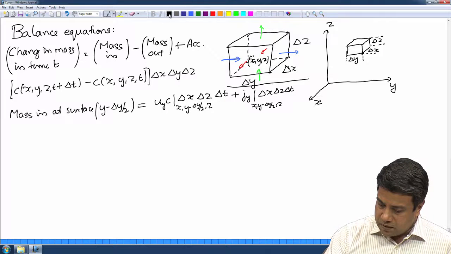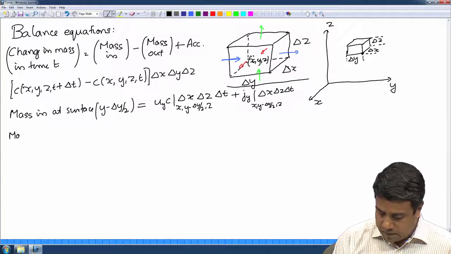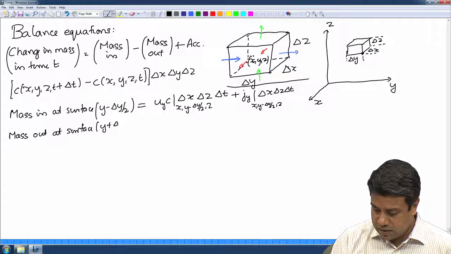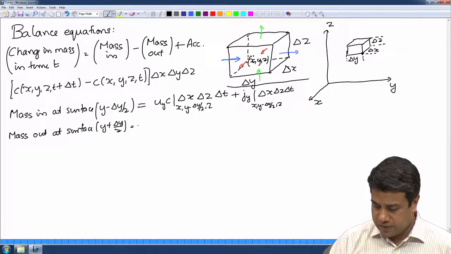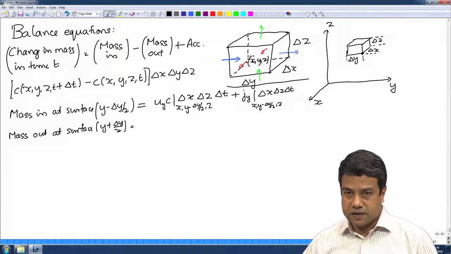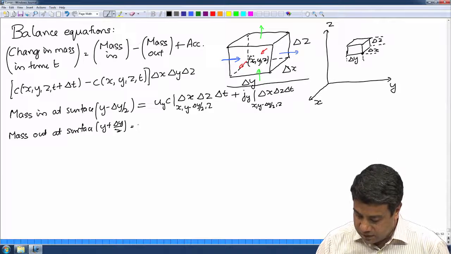What about the mass out on the surface on the right? Mass out at surface y plus delta y by 2 is going to be equal to the velocity times concentration at that surface. This is the convective mass flux out.